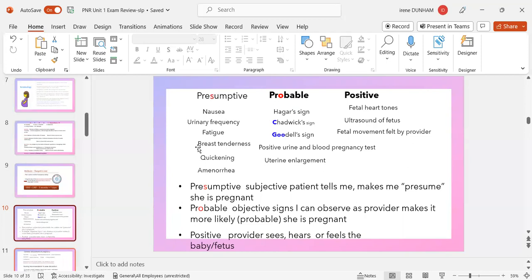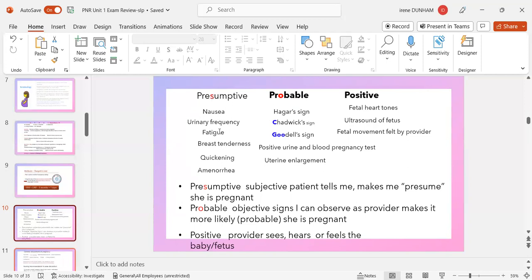That makes her presume to be pregnant. But there are other things that can cause amenorrhea. Quickening could be that she has a lot of gas. Breast tenderness, she could be drinking too much caffeine and eating a lot of chocolate, which gives you breast tenderness. These can be caused by other problems.